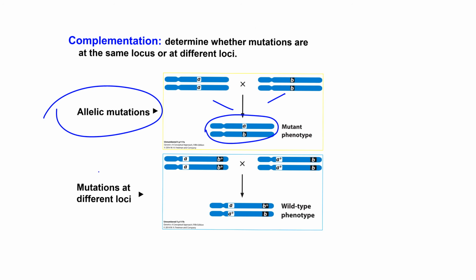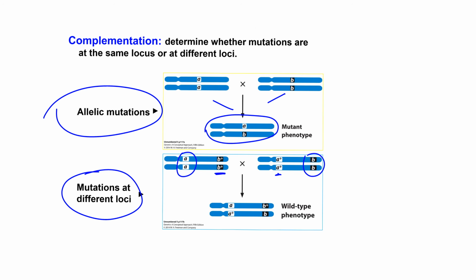However, if these two mutations occur in two different genes which are in two different loci, and you cross homozygous recessive for A with homozygous recessive for B, homozygous recessive for A would have the wild type B gene and homozygous recessive for B would have the wild type A gene.